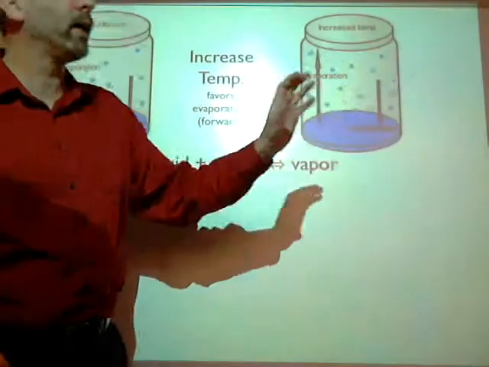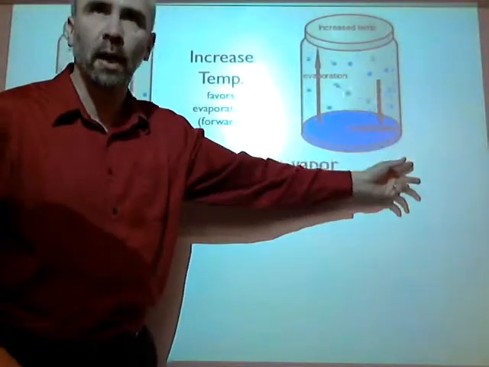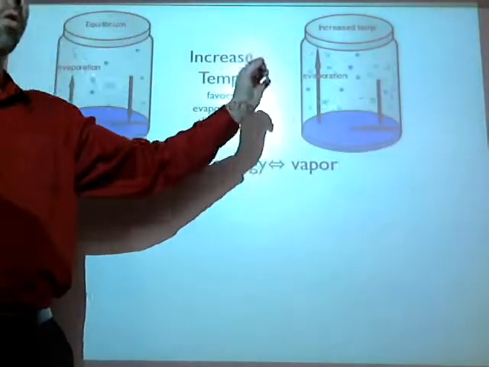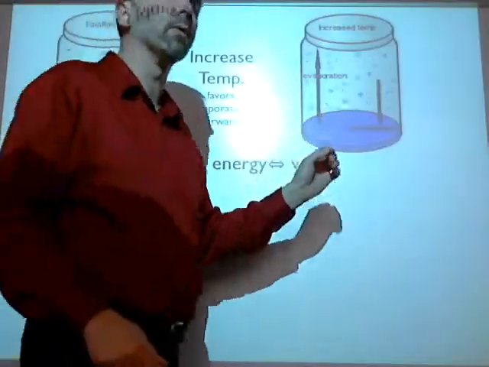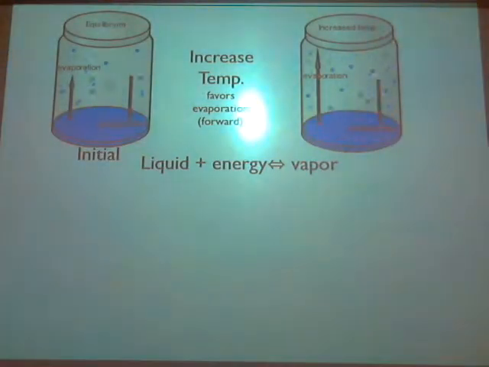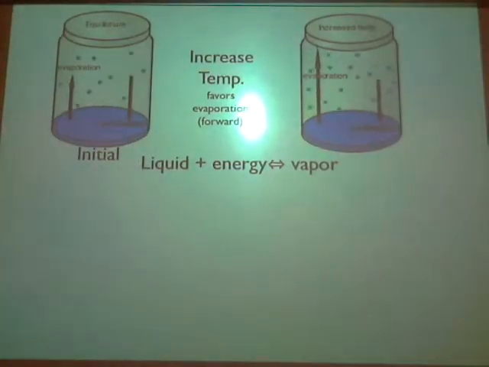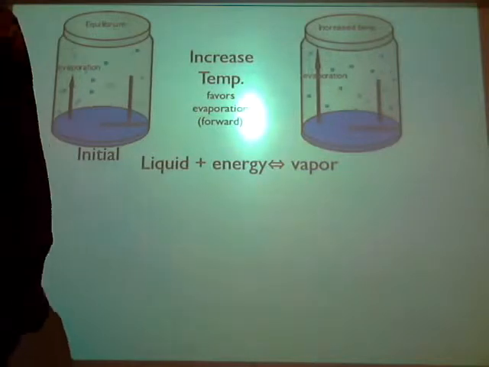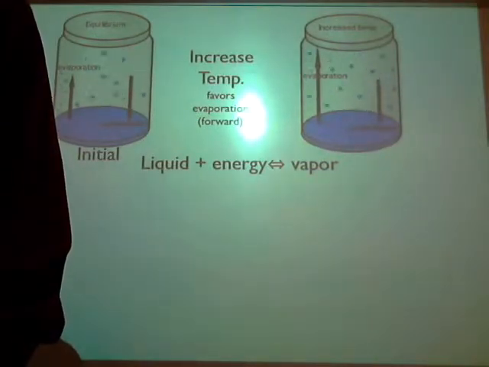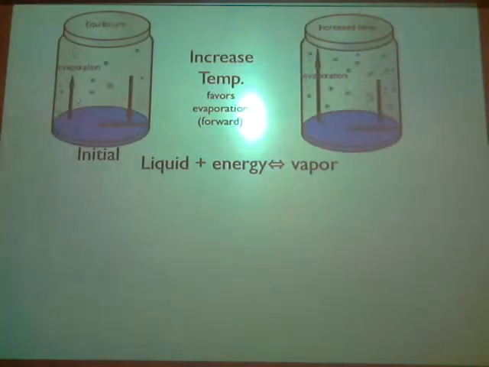But the big deal here is evaporation is greater than condensation. Do you see it? And you know why now. You know why it was favored. Right? Okay. Everybody go with that? All right.